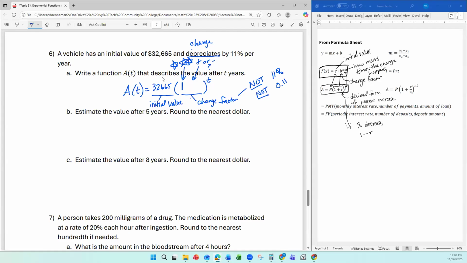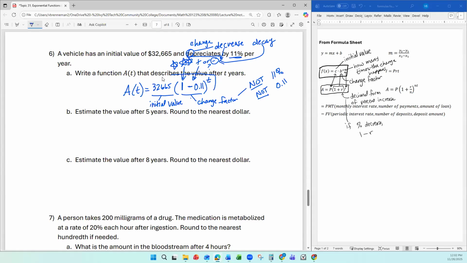Then all you need to do is look at those first two letters. DE, it is going to be a decrease or a decay. Notice those also both begin with DE. So it is going to be a minus 11% in decimal form, 0.11.